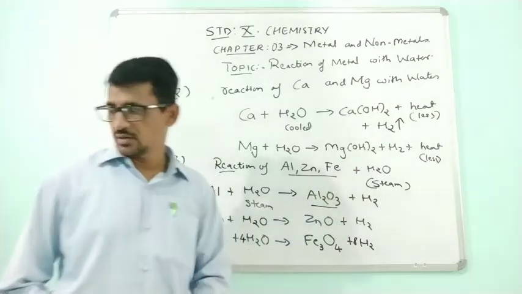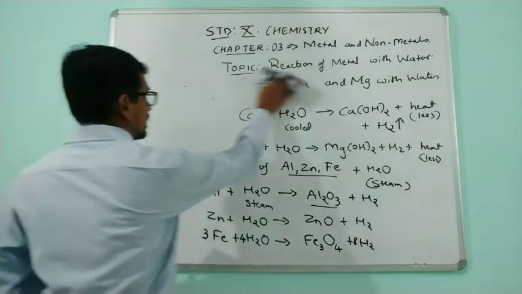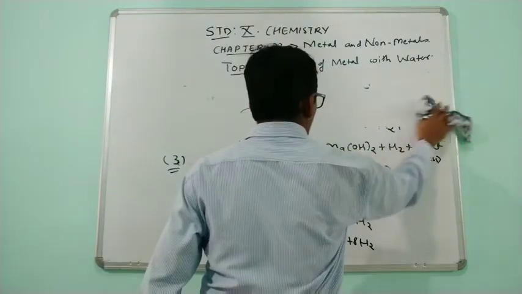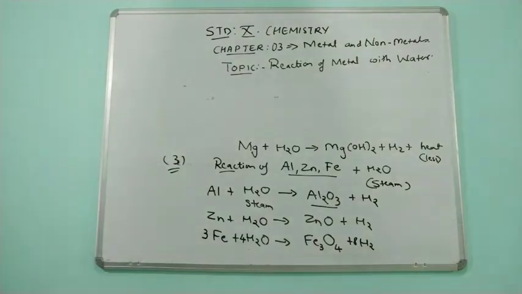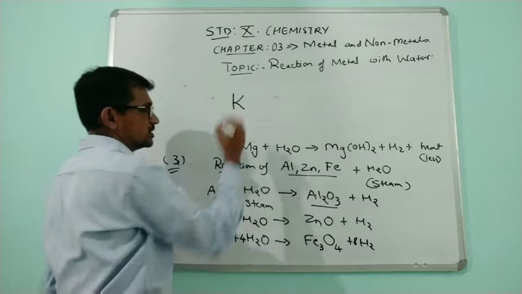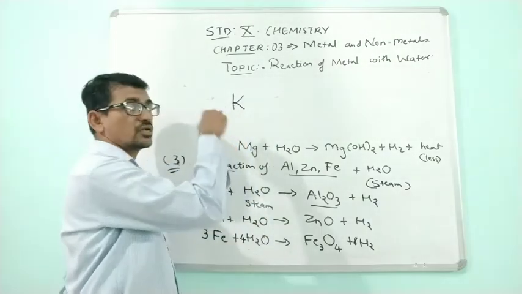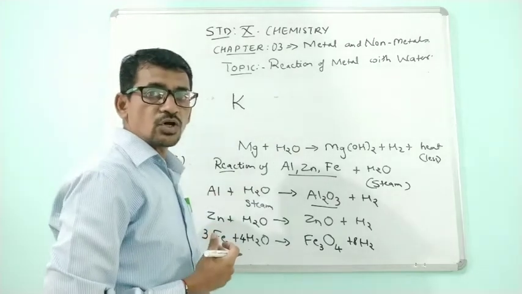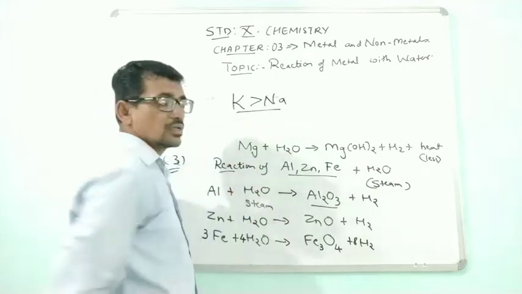So the reactivity of the metals: suppose we want to find the reactivity, then we can write the order as follows. First is potassium. Potassium reacts very fast. It will react with atmospheric water vapor also. Then comes sodium. That's why it is kept under kerosene.